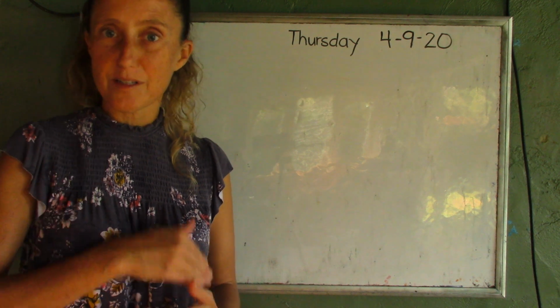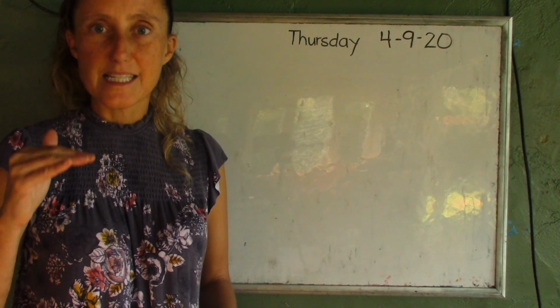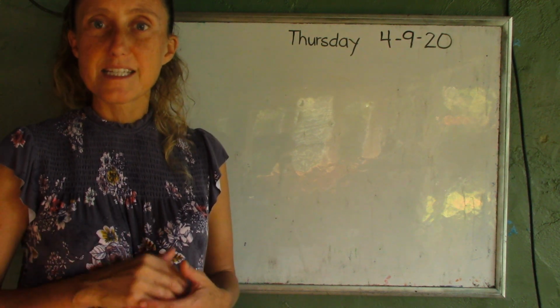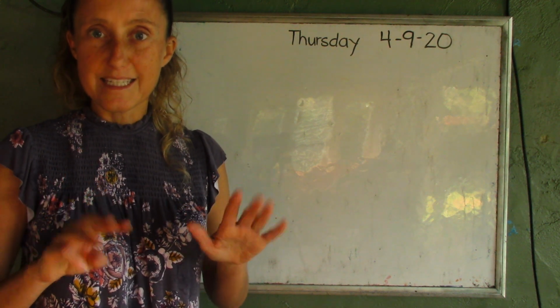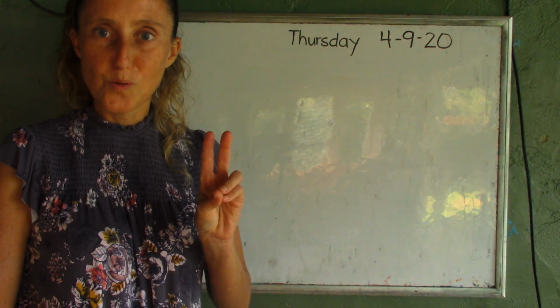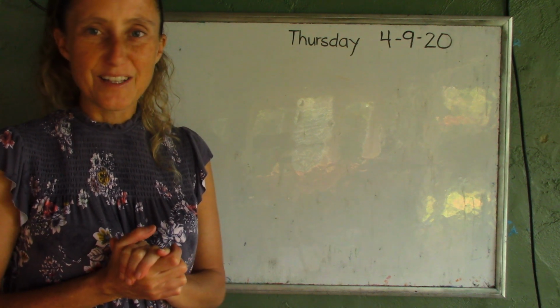Now let's go backwards, back down to 0. 20, 18, 16, 14, 12, 10, 8, 6, 4, 2, and 0, right? Good job. It's counting by 2s.